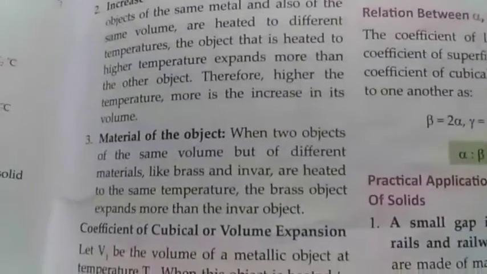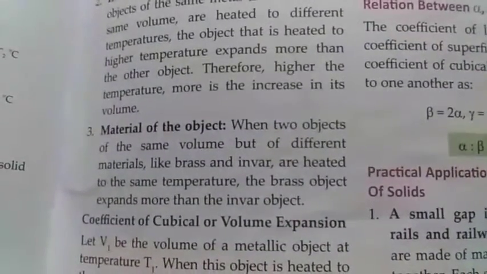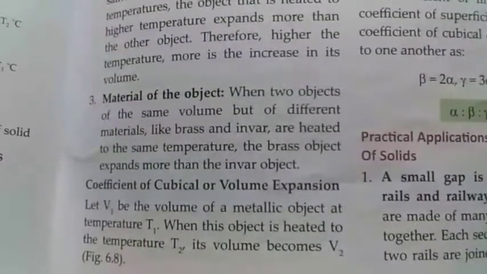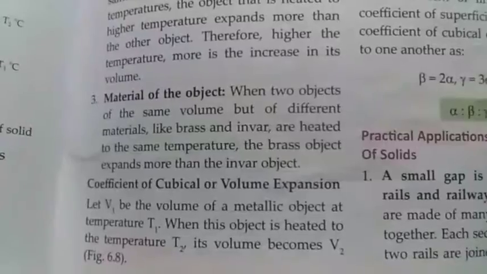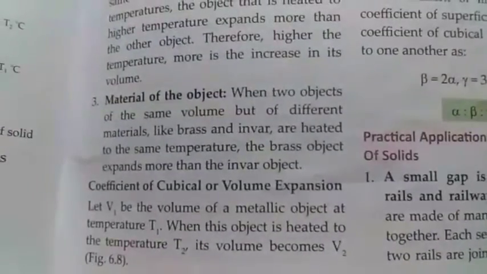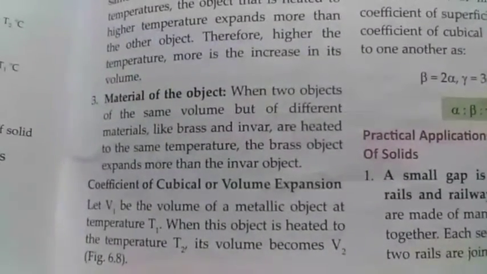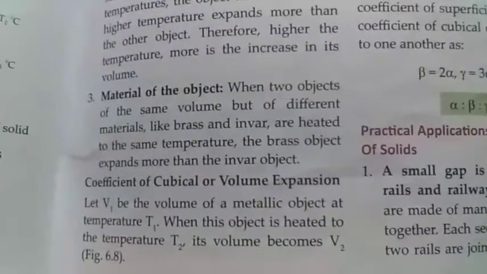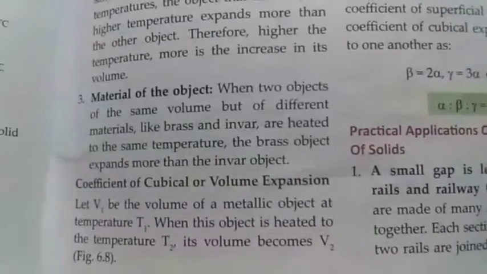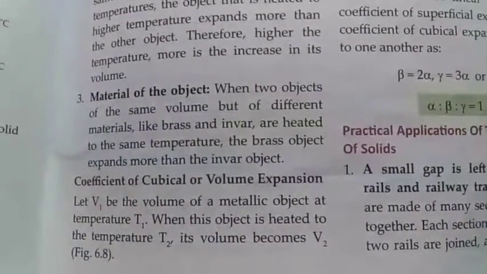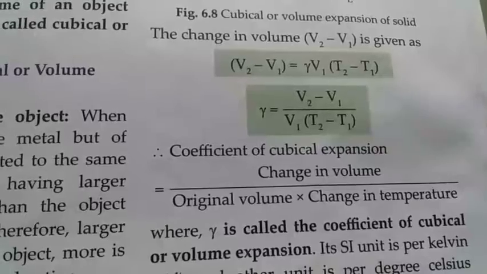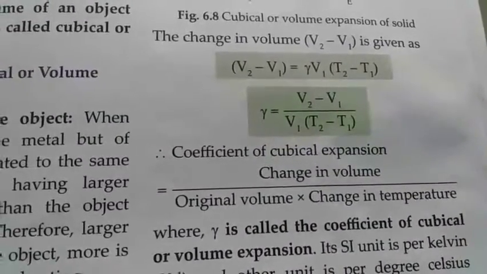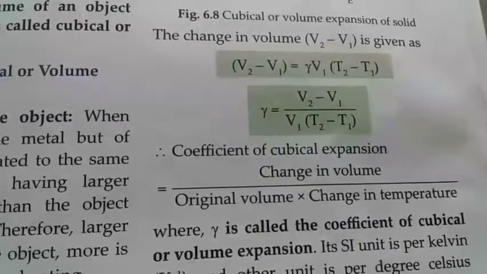Now what is the coefficient of cubical or volume expansion? Let V1 be the volume of a metallic object at temperature T1. Here the original volume is V1, temperature is T1, but when it is heated to the temperature T2, what happens? The volume increases. Now it becomes V2, same as we have done earlier. So what is the change in volume? The change in volume is V2 minus V1, which is equal to gamma V1 (T2 minus T1).